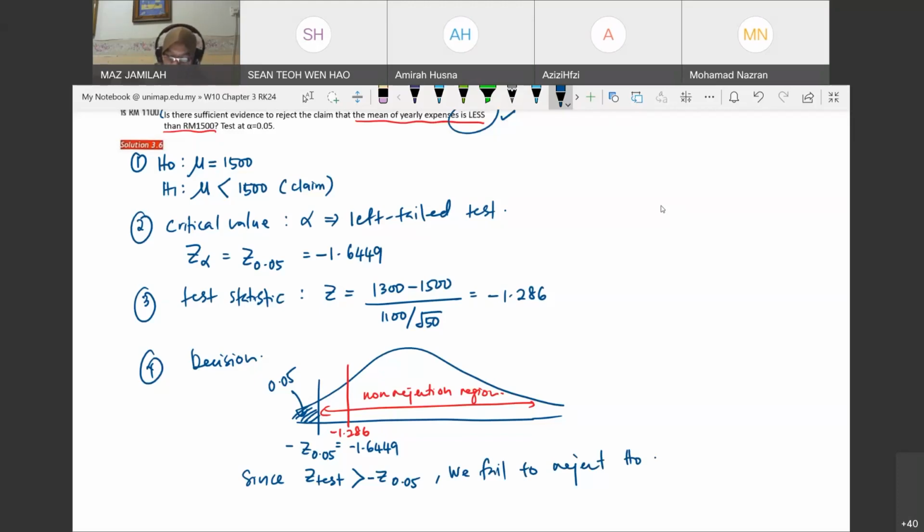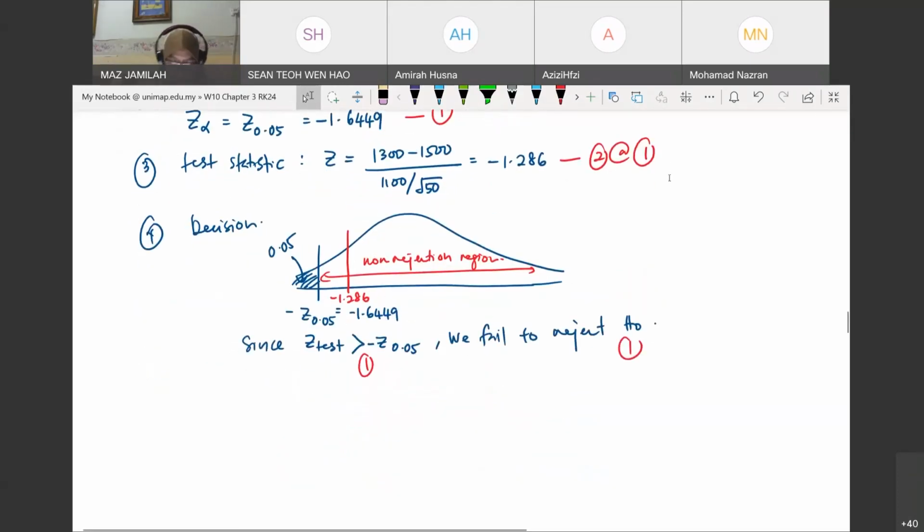Okay, so that would be your conclusion, decision. And for example, last time the way we mark, this will give you 1 mark, this one will give you 1 mark, this one will give you 2 marks, or maybe sometimes 1 mark, and this one will be 1 mark here, 1 mark here.